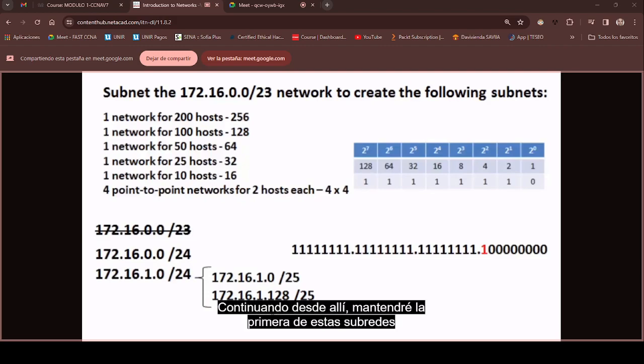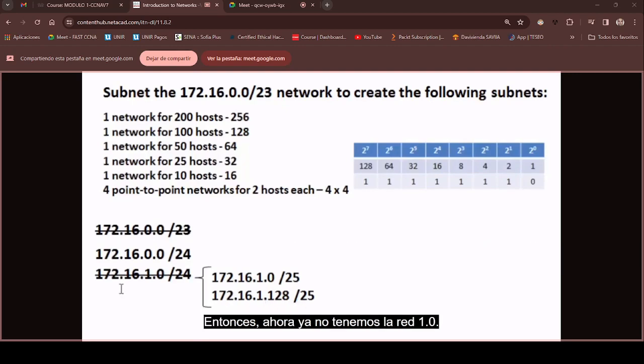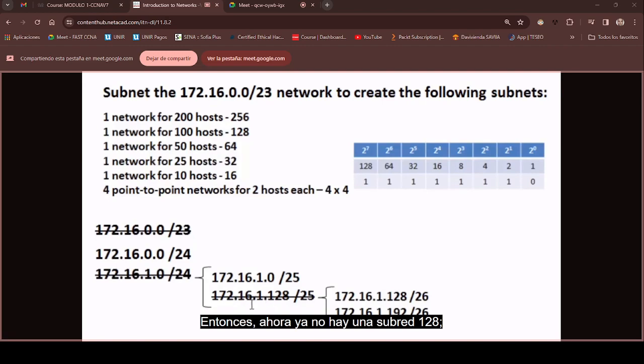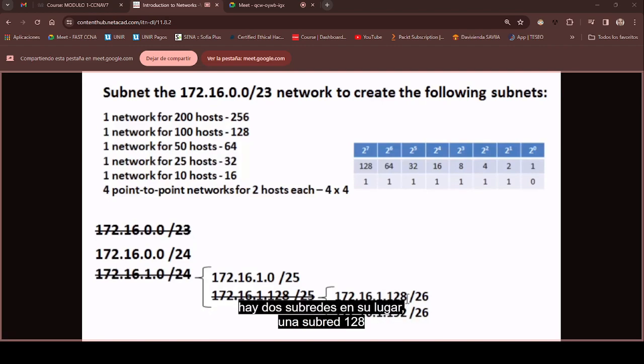Moving on from there, I'll keep the first of these subnets and then further subdivide the second one. So now we no longer have the 1.0 network in its place, we have the 1.0 subnet and the 1.128 subnet. Then I subdivide the 128 subnet into two smaller subnets, /26 each. So now there's no longer a 128 subnet, there's two subnets in its place, a 128 subnet and a 192 subnet.